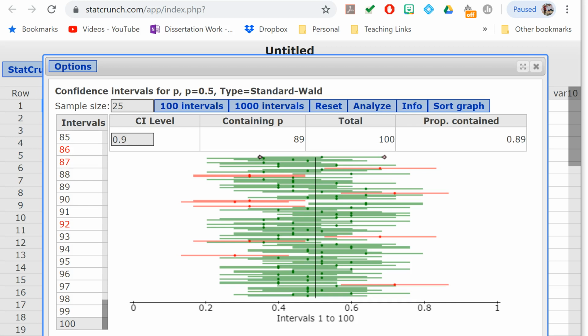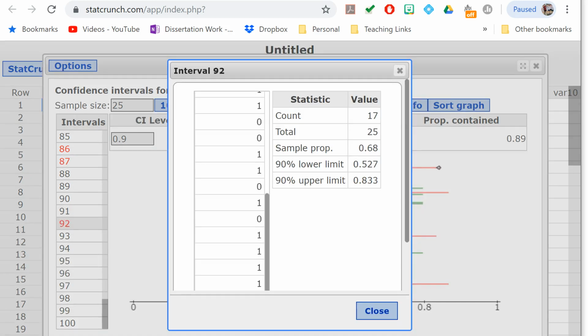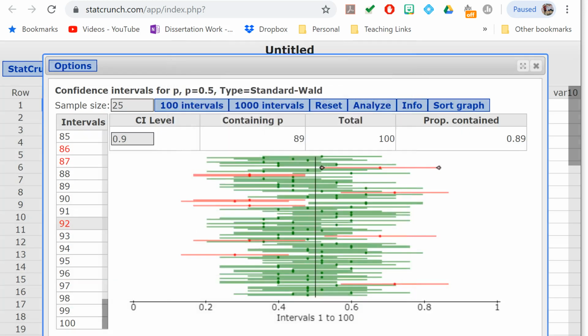So you can see what happens. This is exactly what we did in class. We have a bunch of green intervals, which were blue, and a bunch of red intervals. So a red interval is one where, as it was sampling data, we ended up with 17 out of 25, so a very high proportion, and our interval ended up not catching the real value of 50%, even though we created these values from that.